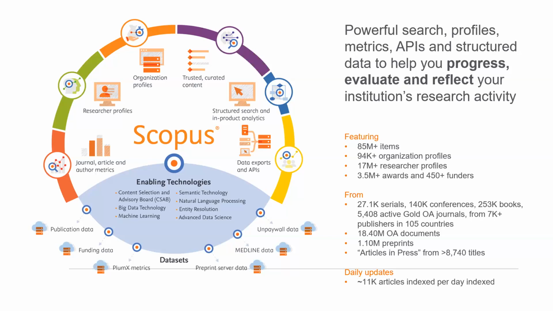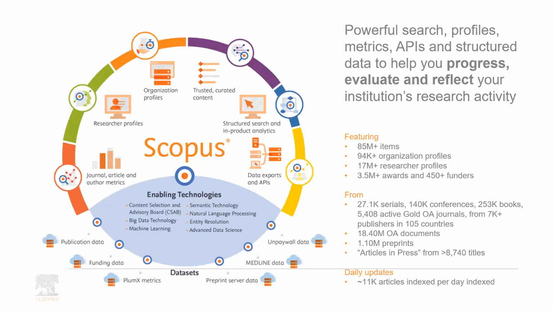Via the content selection and advisory board, we're able to leverage on big data technology. We're able to leverage on machine learning, semantic technology, natural language processing, entity resolution, as well as advanced data science. All of this aggregates together in a very strong and very thorough way so that you're actually able to get the information which you're looking for.